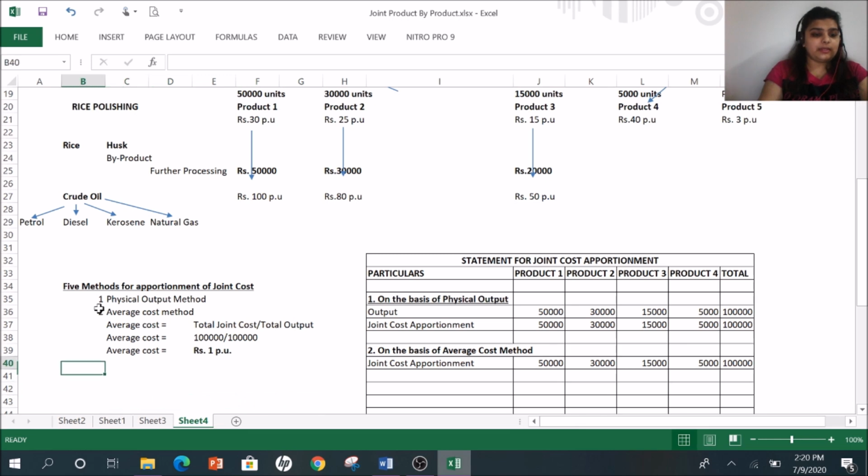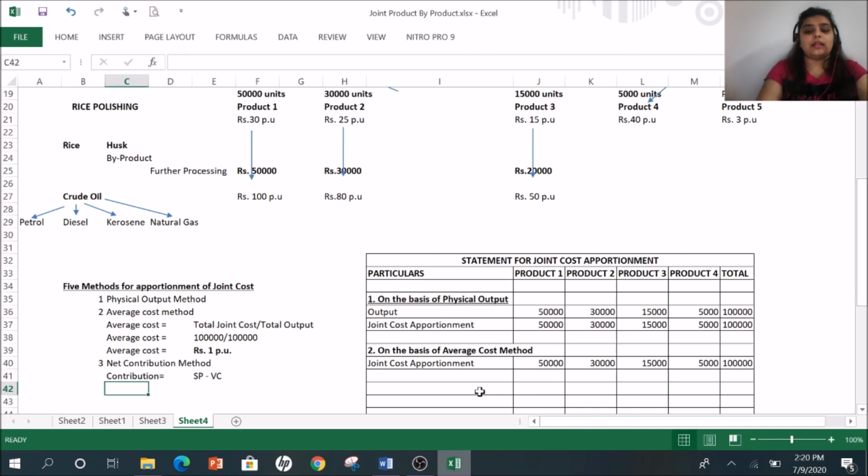Coming to the third method, that is the net contribution method. Now we all know the meaning of contribution. Contribution, we have learnt in marginal costing, is nothing but your selling price minus your variable cost.